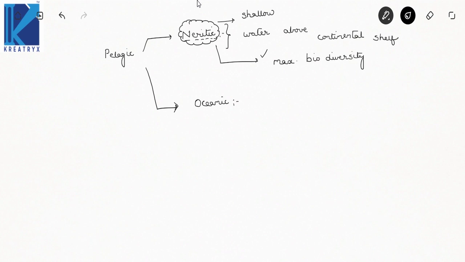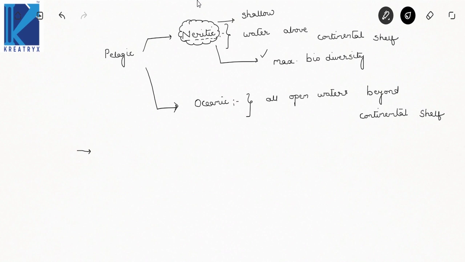It includes all the open waters beyond the continental shelf. Now, let us discuss in detail regarding neritic province and oceanic province.